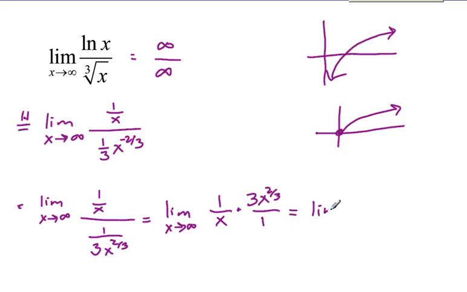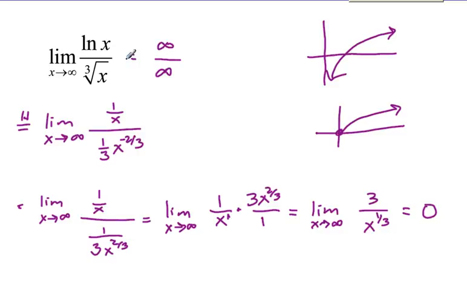So now I've got the limit as x approaches infinity, and let's see, I have a 3 on top. Remember, this is x to the 2/3 and x to the 1st, and I have x to the 1/3. And I can see that as x goes to infinity, this is going to go to 0 because x is going to keep getting bigger and bigger and bigger, and 3 over this bigger and bigger number is going to go to 0.